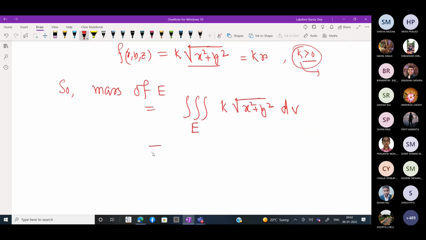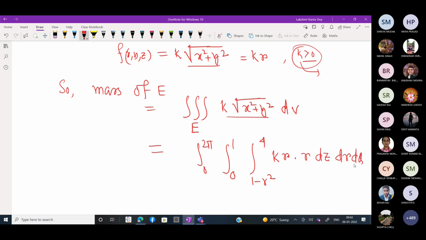So this is going to be equal to the integral from 0 to 2 pi, then 0 to 1, then from 1 minus r square to 4 of kr, this part is k into r, into r, with dz first, then dr, r from 0 to 1, then d theta. So all of you do the calculation. I have calculated it, it is 12 pi k divided by 5. So you have to do it on your own.